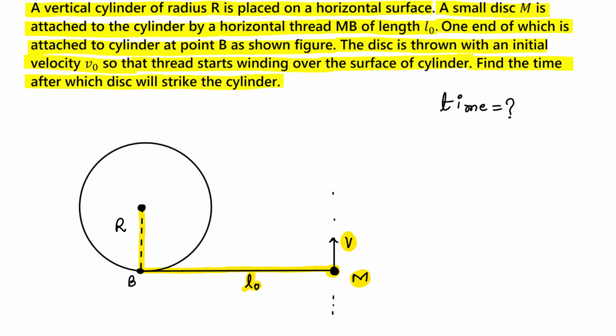This means I can say velocity will remain constant. So V0, V is basically constant, because there is no force along it, so V will not change.